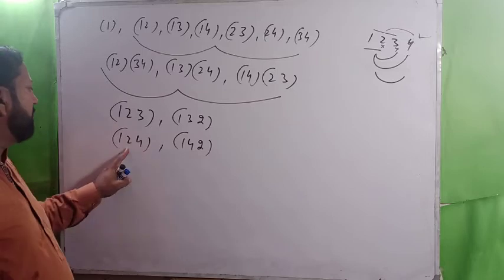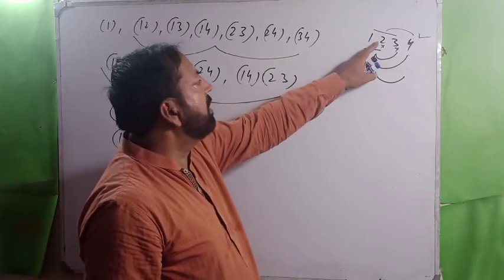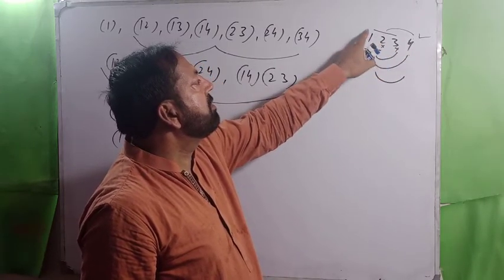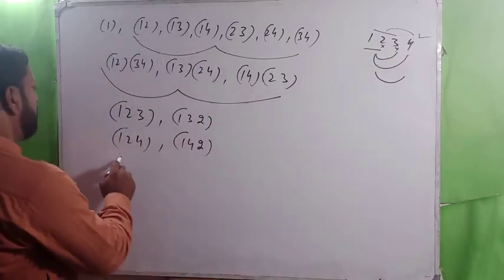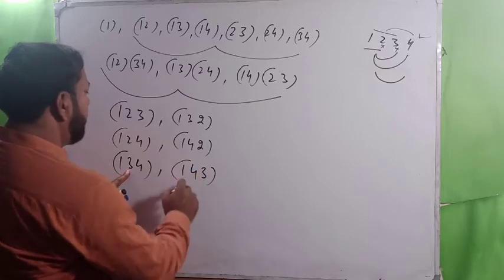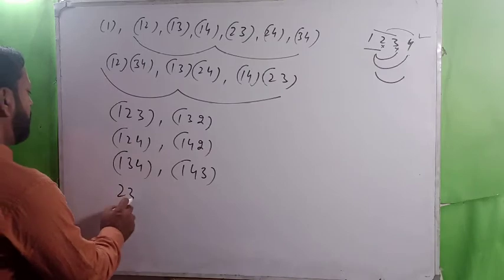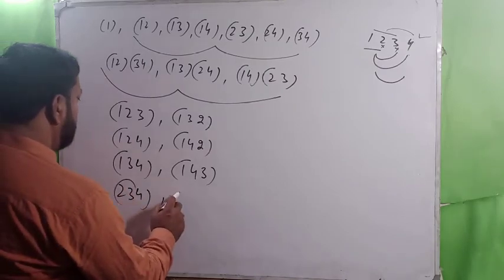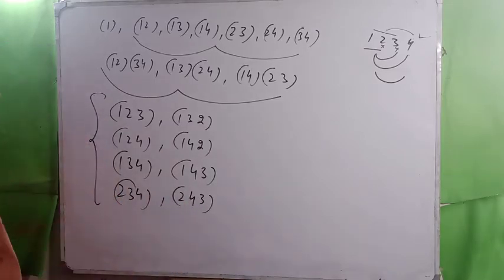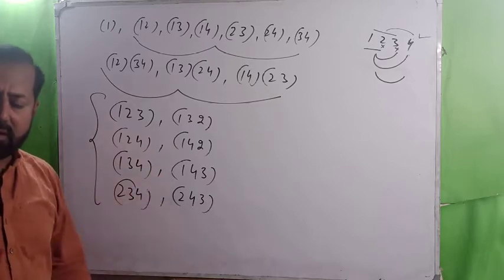Then (1 3 4), and write its inverse, this is (1 4 3). Then lastly you have (2 3 4), and its inverse is (2 4 3). Right. These are the 8 elements.